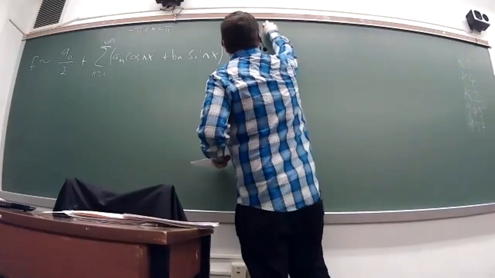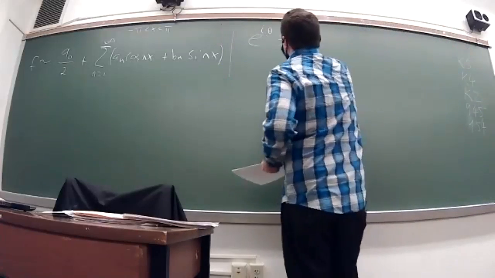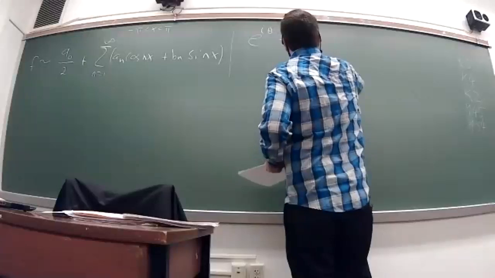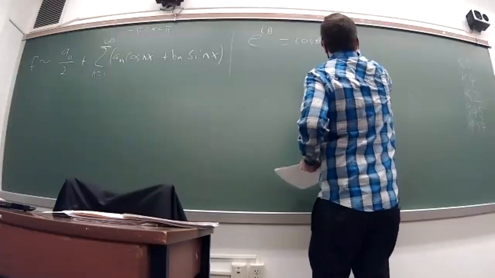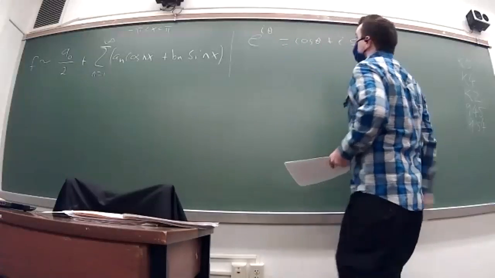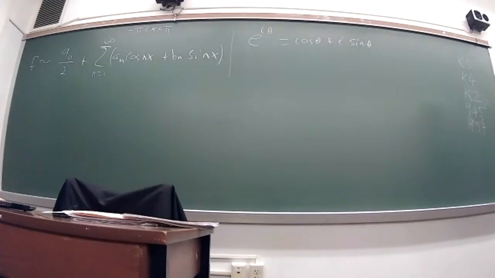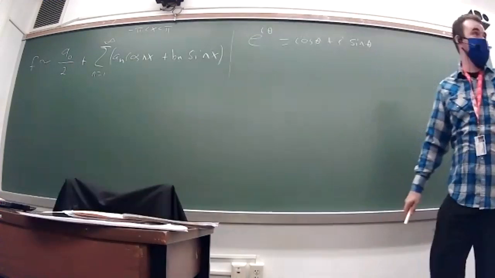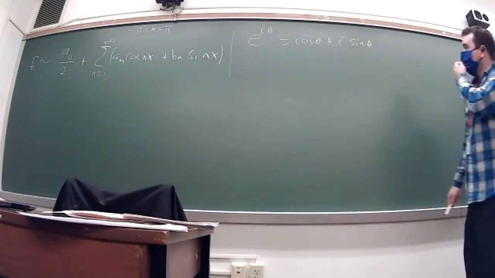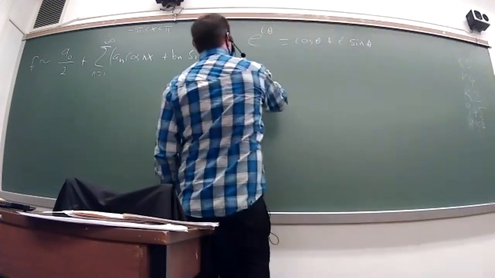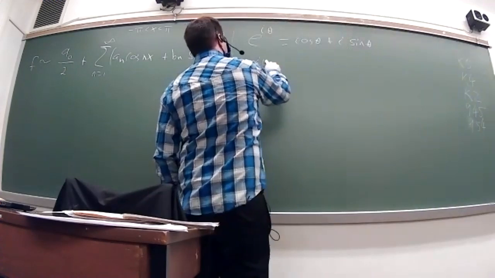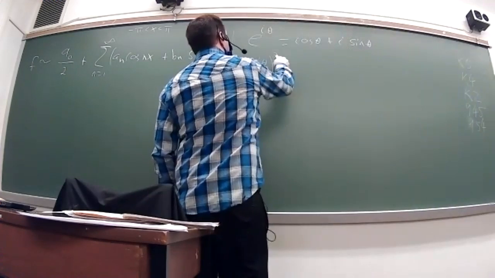So remember Euler's formula, e to the i theta equals cosine theta plus i sine theta. Have you ever seen the trick of using this to derive the double angle formulas for cosine and sine? I'll just do a little diversion since it's Halloween.